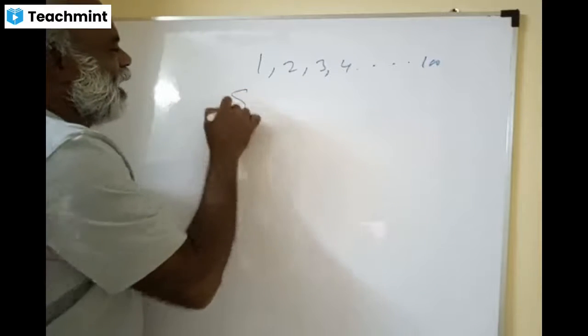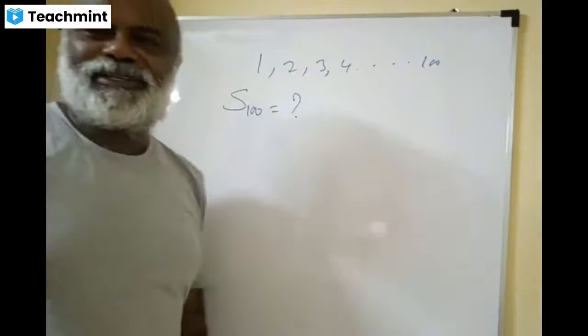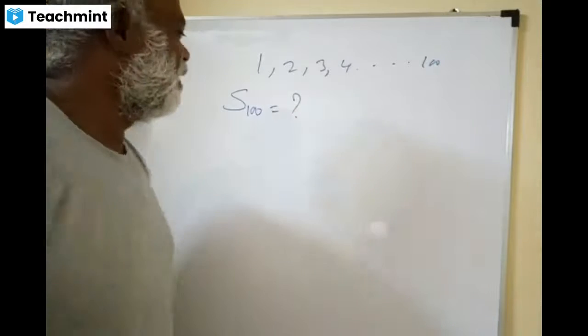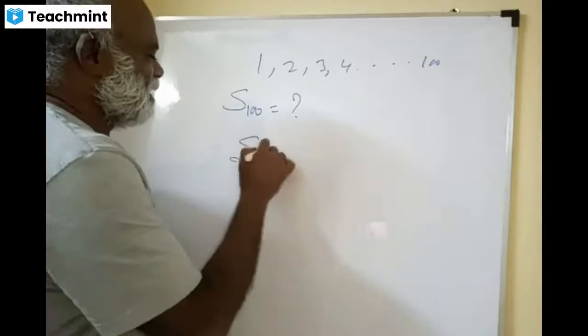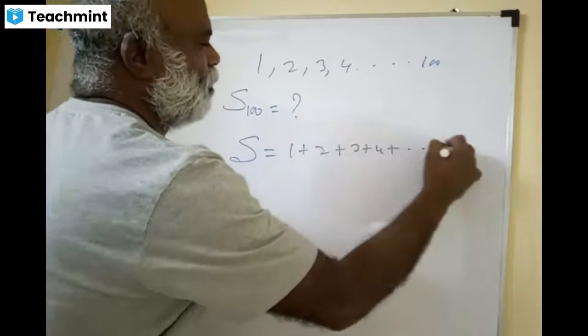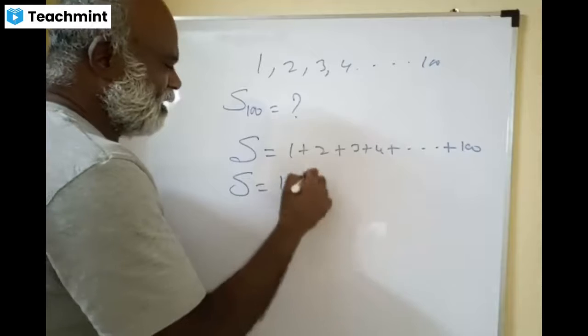He asked them to add all these 100 numbers. What is the sum of these 100 numbers? You know what he has done? He has done like this. First, the sum is 1 plus 2 plus 3 plus 4 plus up to 100. And the same sum, he wrote in reverse.